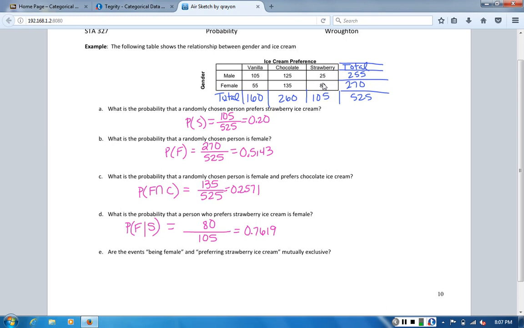Are the events being female and preferring strawberry ice cream mutually exclusive? So if they were mutually exclusive, that would mean that the probability of being female and liking strawberry ice cream would have to be 0. Is that the case?